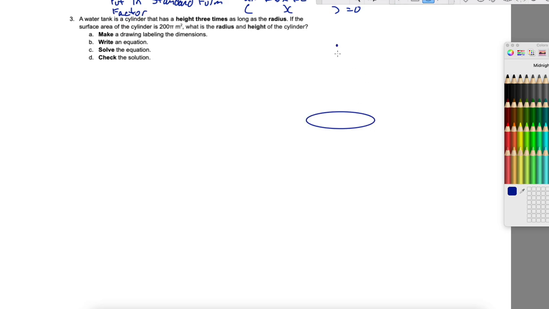We have a cylinder, and I'm just going to make a cylinder here, that has a height 3 times as long as the radius. So the height is 3 times the radius. Whatever the radius is, the height is going to be 3 times that. So if the radius is 10, the height would be 30. If the radius is 2, the height would be 6.